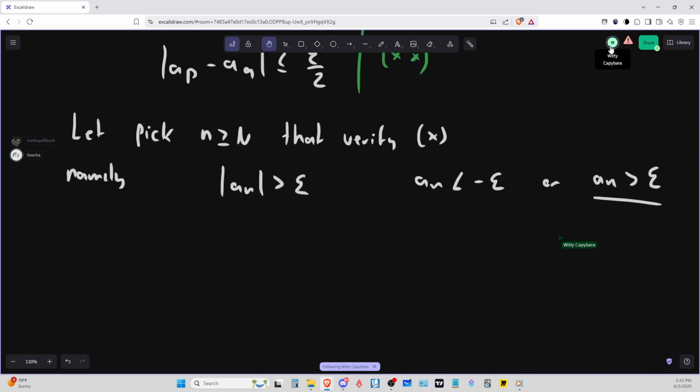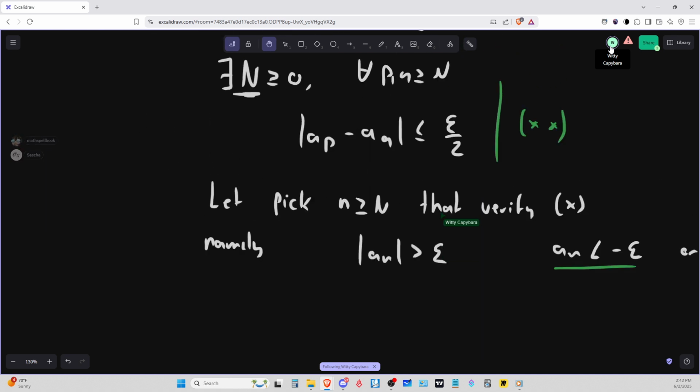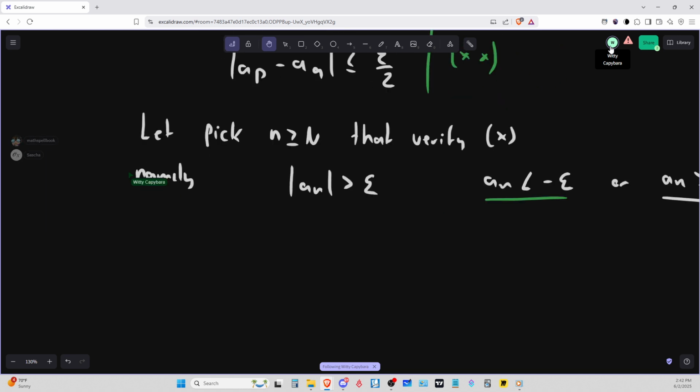The reason why I'm able to do that is because if we're in the first case, I could just change my sequence by multiplying by -1. Then I get myself into the second case. So basically the case that I'm not doing, you can recover from the case I'm doing, so I will just do the second one.